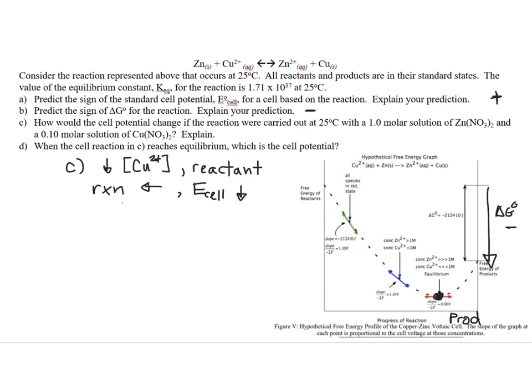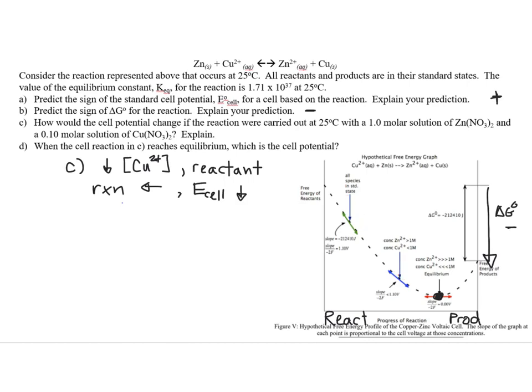Now we have less reactant relative to product. Reactant is here on our graph, while product is over here, so we now have more product relative to the amount of reactant. Our ratio of product to reactant got bigger. So we have moved ourselves this direction on the graph.